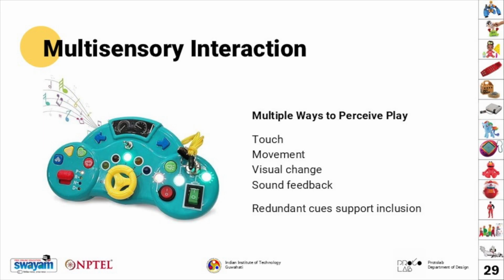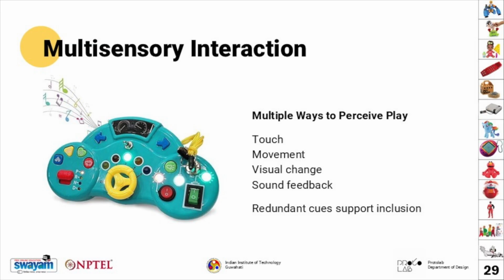Multisensory design ensures information reaches players through more than one pathway. For example, a peg fitting into place may click, align visually, and change resistance simultaneously. Now the outcome is understood regardless of sensory preference.